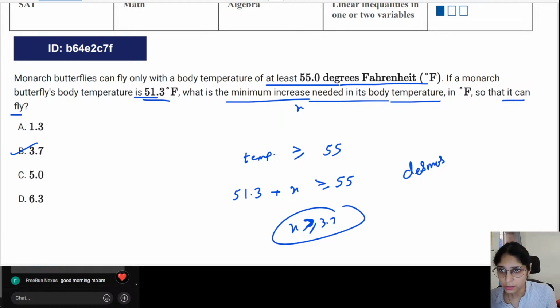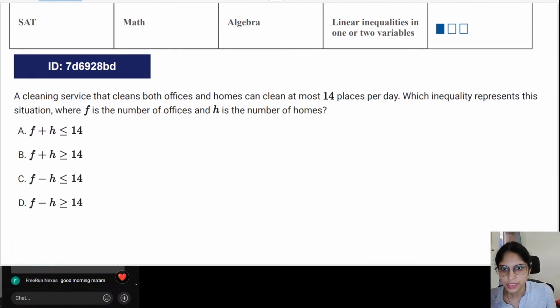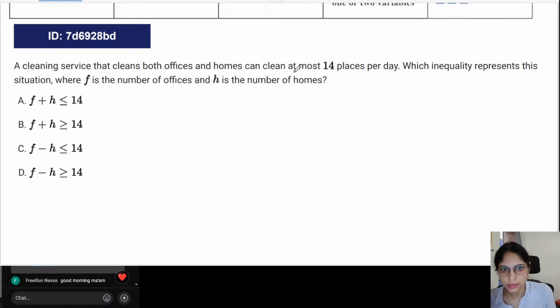Now the next easy word problem is question number 46. A cleaning service that cleans both offices and homes can clean at most 14 places per day. Which inequality represents this situation, where F is the number of offices and H is the number of homes?